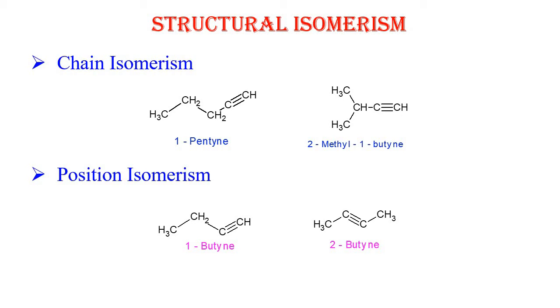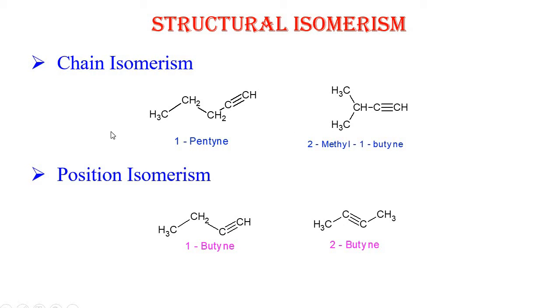Like alkenes or alkanes, alkynes also show structural isomers. Structural isomers are those isomers in which the molecular formula is the same but the arrangement of atoms or groups is different. First is chain isomerism.